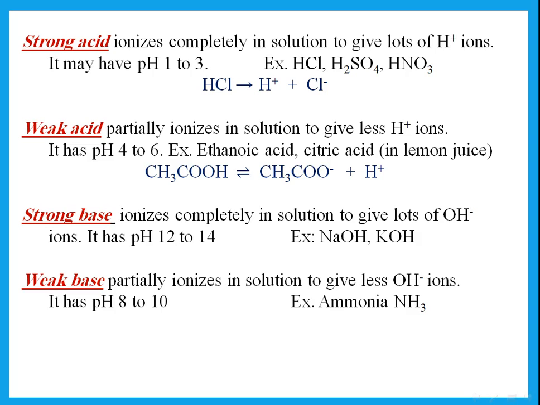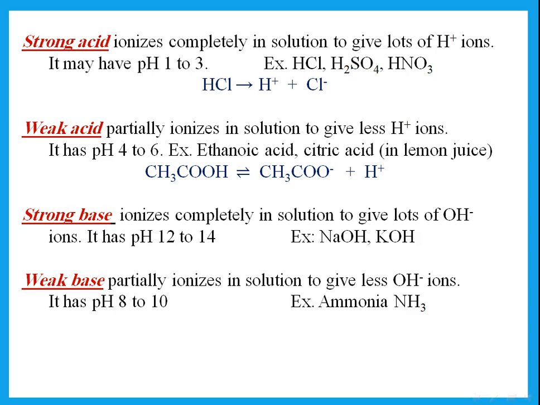Now, because hydrochloric acid is a strong acid, all the molecules of HCl in the solution will break up to form H plus and Cl minus. This is a characteristic of the acid. So an acid like hydrochloric acid is a strong acid, and that means that it ionizes completely in solution to give lots of H plus ions.